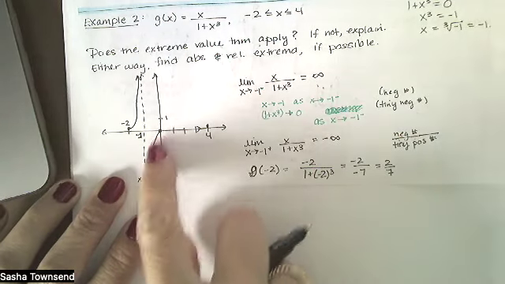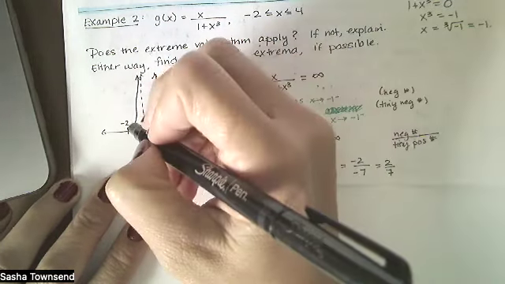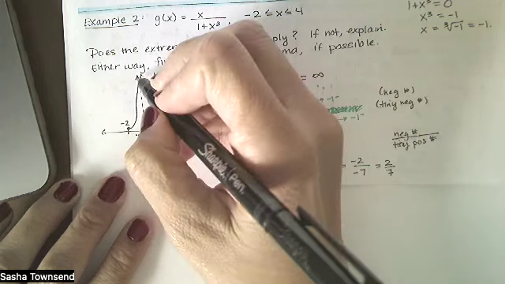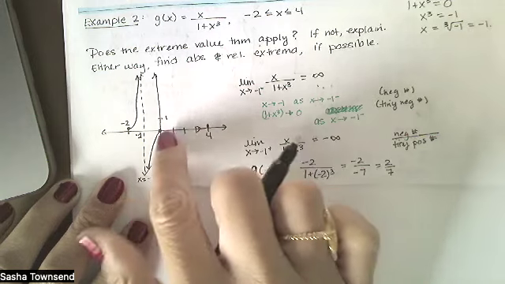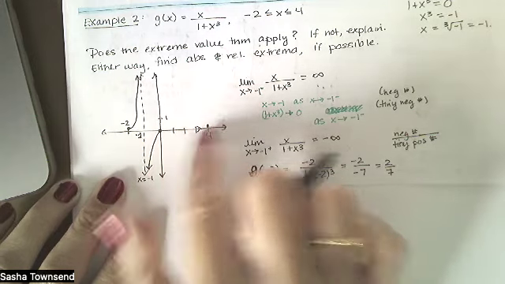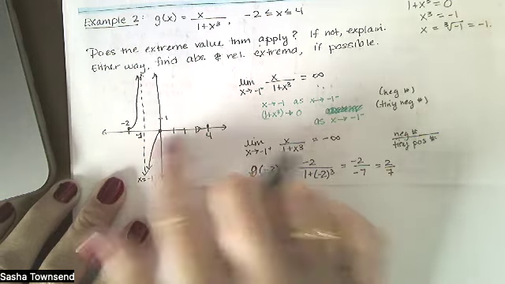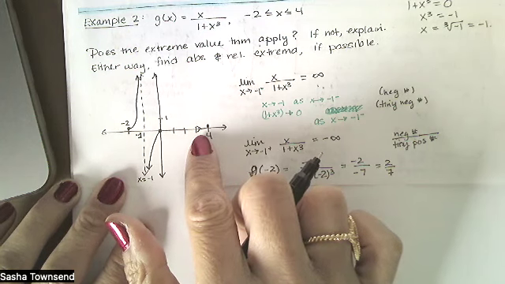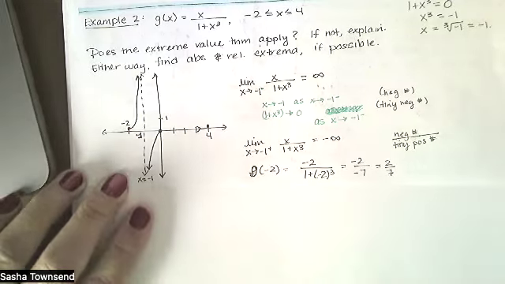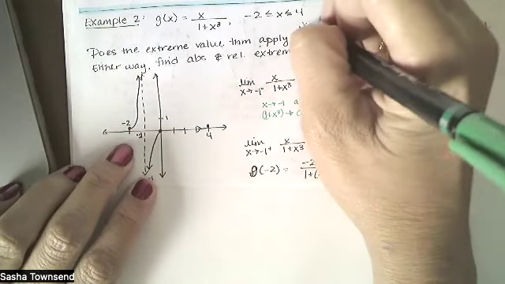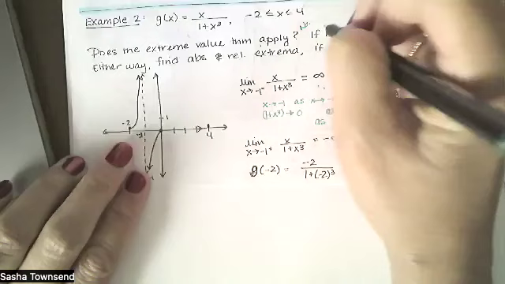But we don't really know what happens in between here. I'm actually guessing about what happens between -2 and -1 and between -1 and 0. But we might be interested in trying to find relative extrema on this interval from 0 to 4. But I forgot to answer the question: does the extreme value theorem apply? No, it does not apply because the function is not continuous.